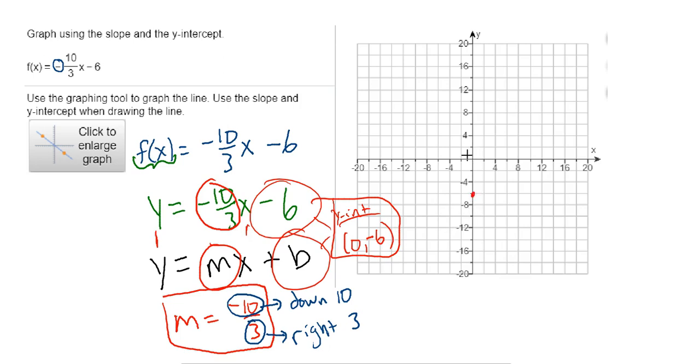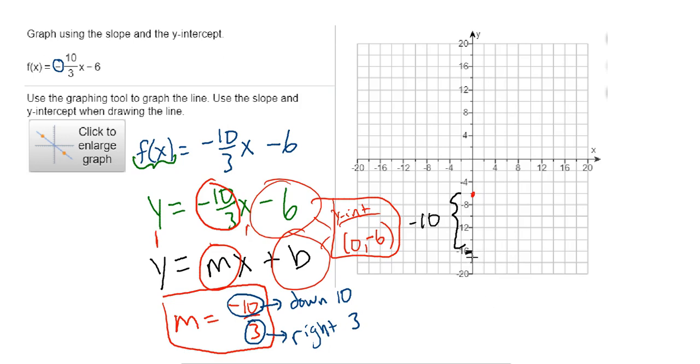Now be careful, they kind of changed the numbering on this graph. It's going by 2's. So this is negative 2, negative 4. This is negative 6 right here. And from here, I'm going to go down 10 and to the right 3. So starting from this point, we will go down 10. That's negative 10. We're at negative 6, so going down 10 gets me to negative 16.